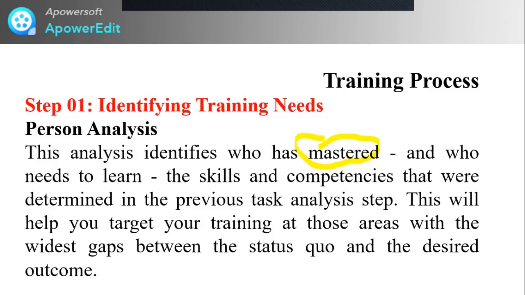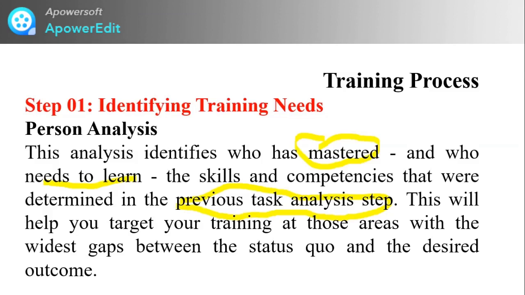Then we compare the worker with the model worker or model sample, to see who needs to learn the skills and competencies that were determined in the previous task analysis steps. We compare the employee behavior with the activities done under the job task analysis.